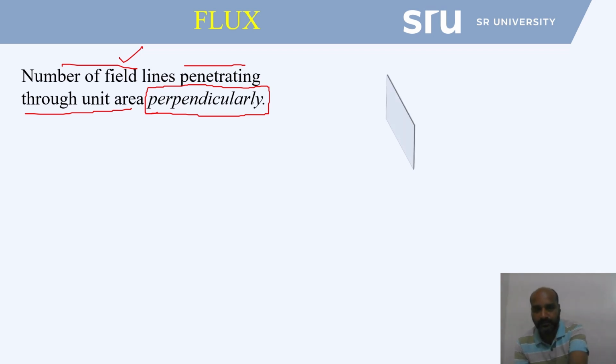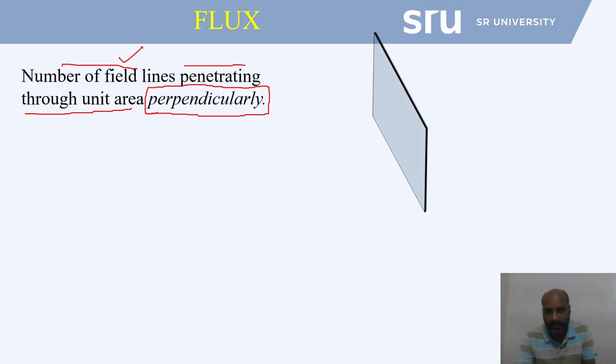Let this be a small area dA. Now we'll take one particular field line. Now see here, this electric field line is exactly perpendicular to the surface, right?